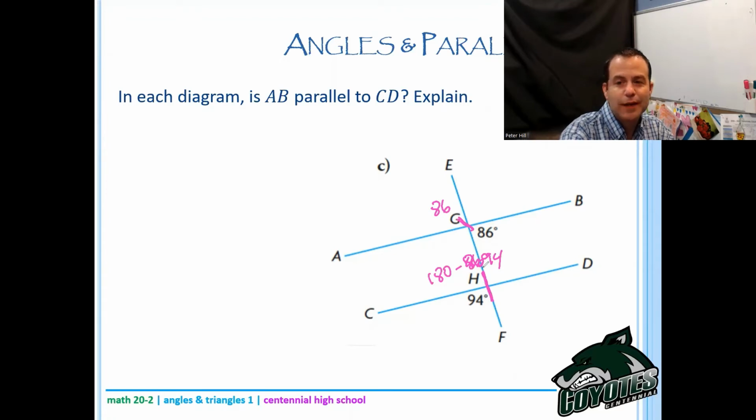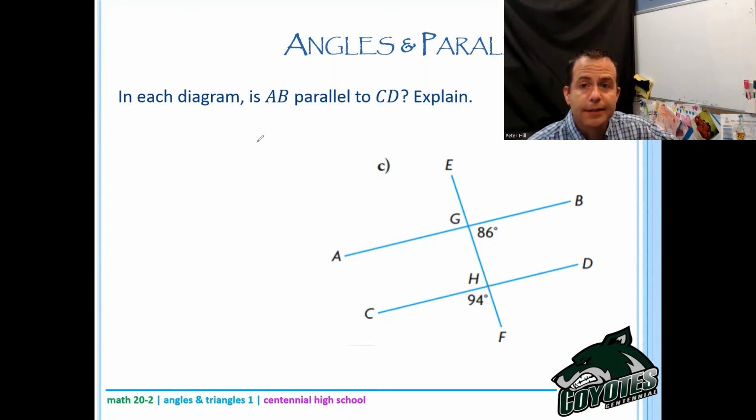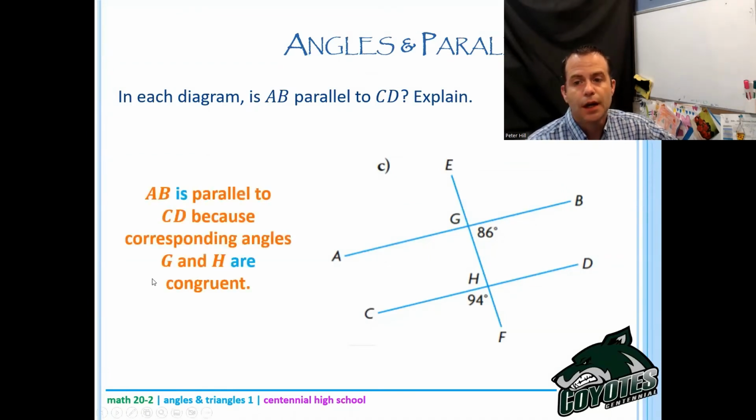Okay, so 180 minus 94 is 86. So again, these guys are parallel. AB and CD will be parallel because the corresponding angles are equal to each other. So AB is parallel to CD because corresponding angles G and H are congruent.